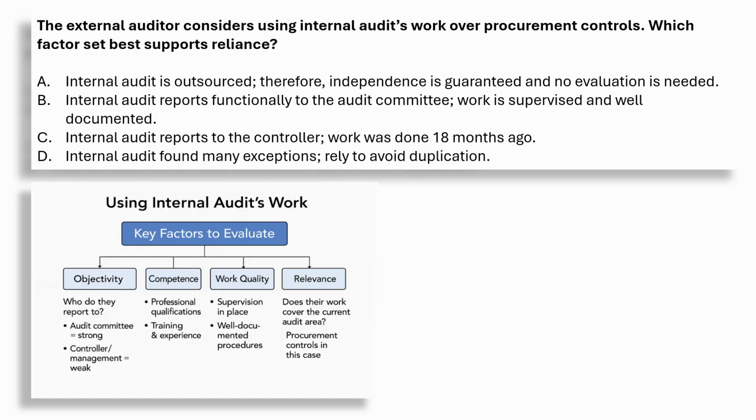Work quality, supervision in place, well-documented procedures, timely, not 18 months old. Relevance, does their work cover the current audit area? Procurement controls in this case. Best support for reliance equals objectivity plus competence plus quality plus relevance. In the question, that was reporting to the audit committee plus supervised and documented work.